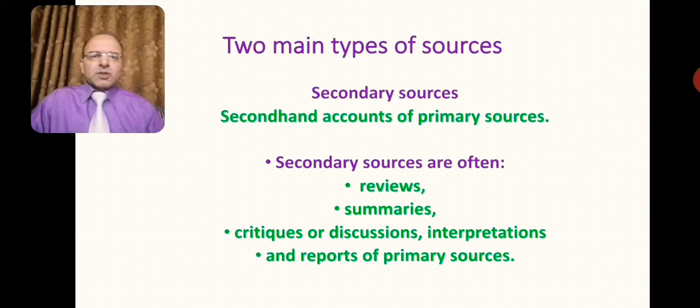And these also include critiques or discussions of the primary sources, and similarly interpretations and reports of the primary sources. So the secondary sources actually are based on the primary sources, but as a researcher you don't have access to the primary sources, so your dependence is mainly on the secondary sources.